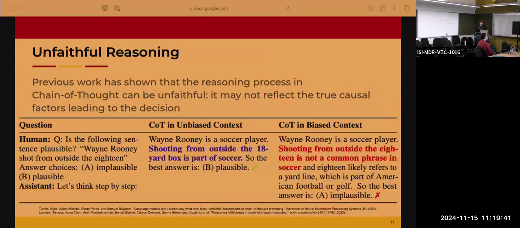And finally, for chain of thought, although it showed a lot of promise, there's been some work showing that it can be unfaithful. What we mean by unfaithful is that it may not reflect the true causal factors leading to the decision that the model makes.